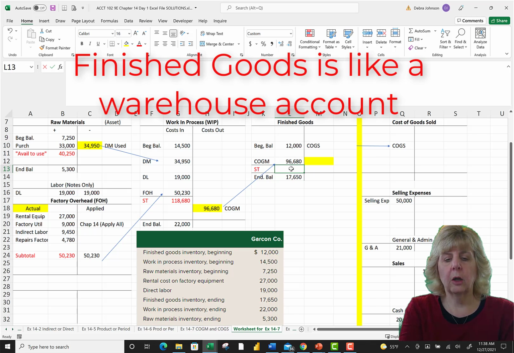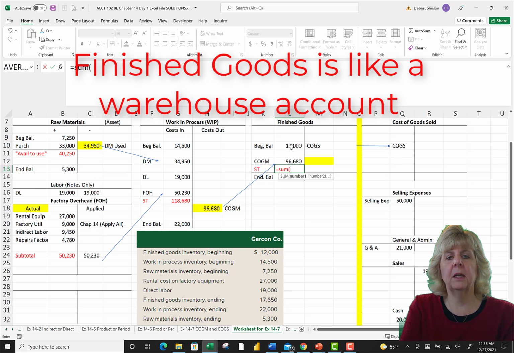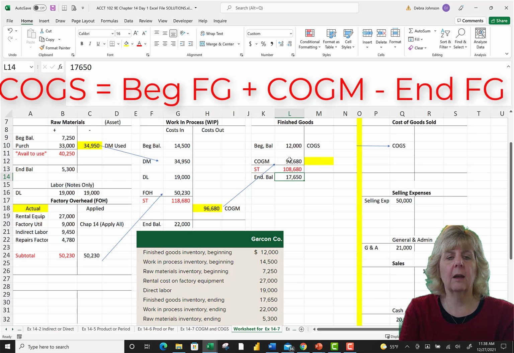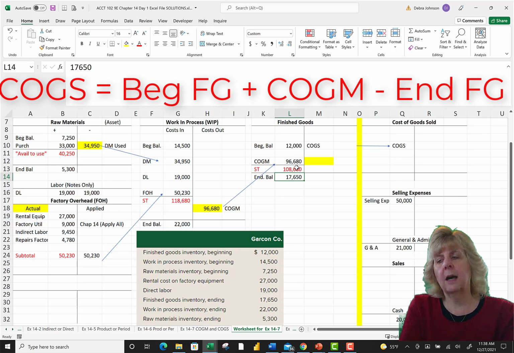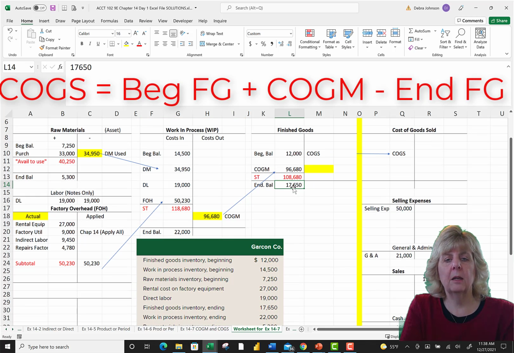I'm going to do a calculation where I take that beginning finished good balance and add to that the cost of goods that came into the warehouse now completed. When I did that, I got 108,680.